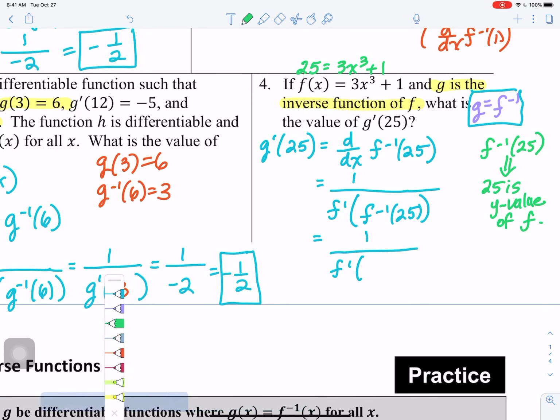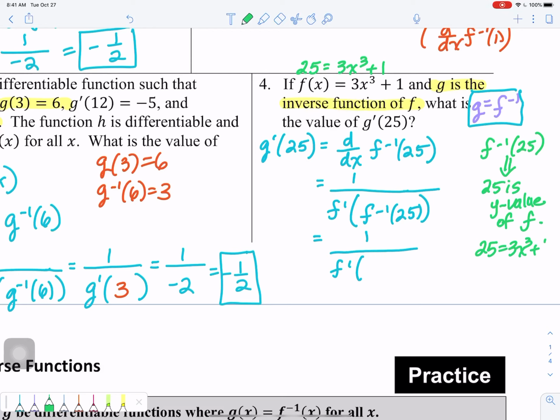So when we do that, 25 equals 3x cubed plus 1, 24 equals 3x cubed, 8 equals x cubed, and obviously x is 2. So on the graph of f, we have (2, 25). So f inverse of 25 is 2. And 1 over f prime of 2.